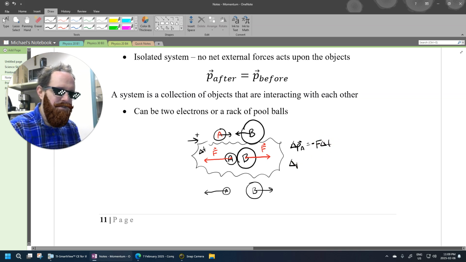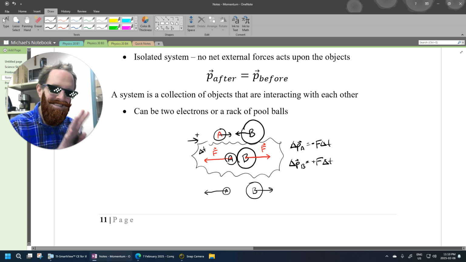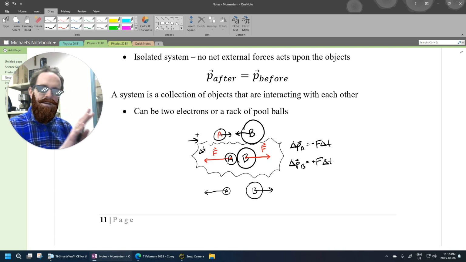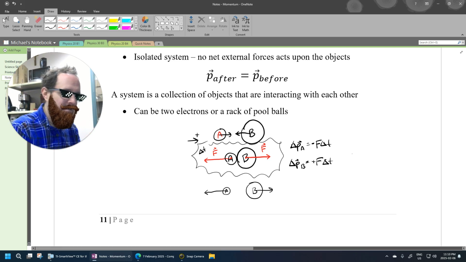And the impulse on B is the positive force times time. They would both end up being the same magnitude, because the force and the time are both the same because of Newton's third law, but one is positive, one is negative. They would have opposite signs. So if I added A's impulse with B's impulse, I would get 0.